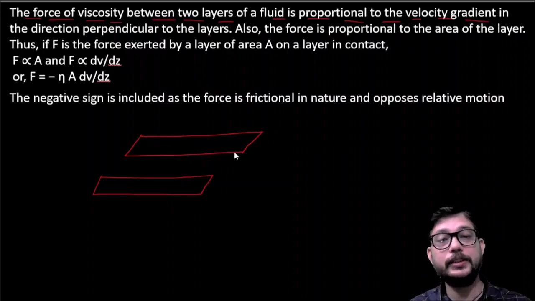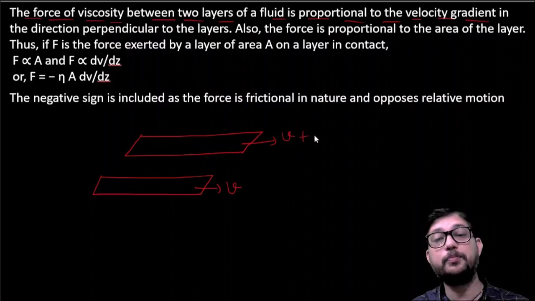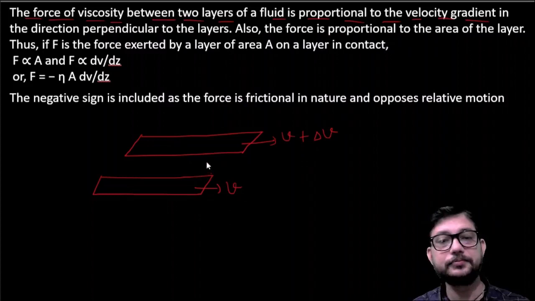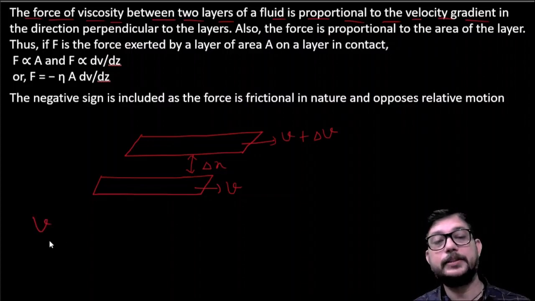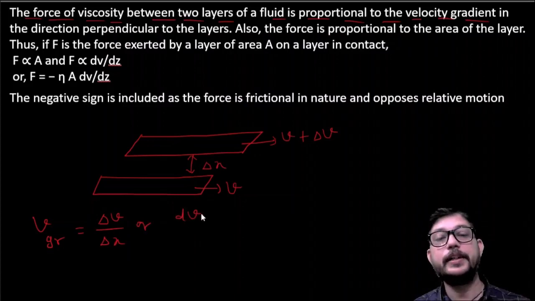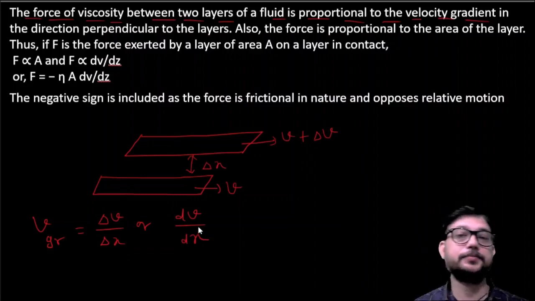So this layer has velocity, suppose v, and the other has velocity v plus delta v, or dv, whatever you can write, and the perpendicular distance between them is delta x. So a velocity gradient is nothing but delta v upon delta x, or simply dv upon dx.